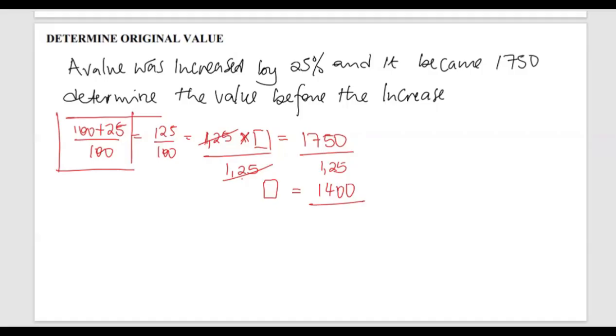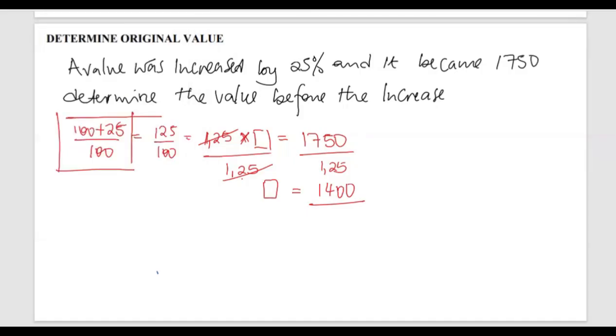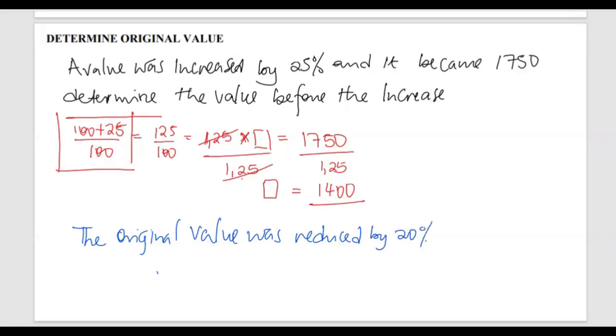All right, let's look at another example here. The original value was reduced by 20%, and it became 1,200.